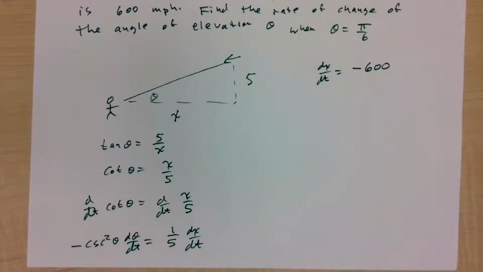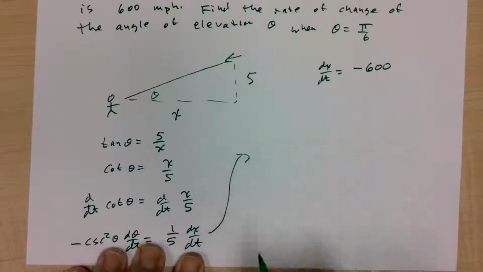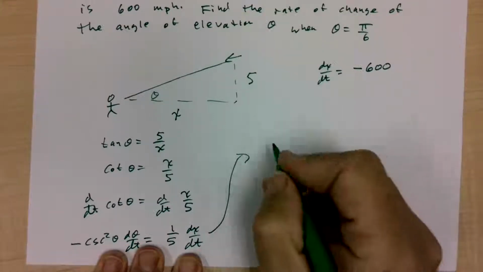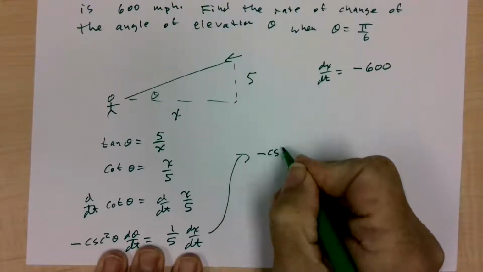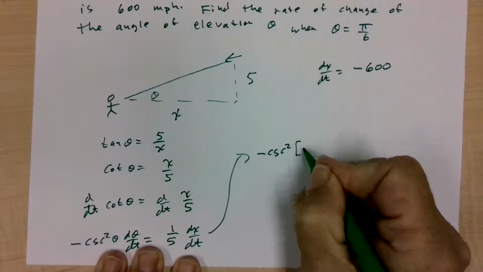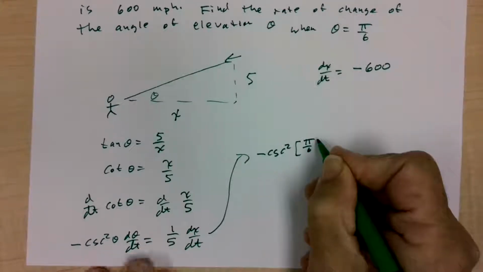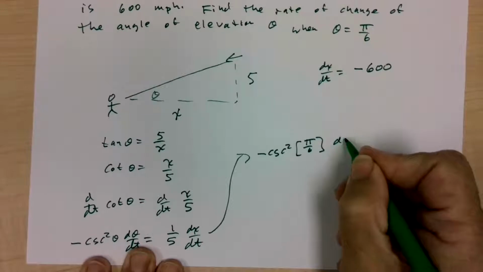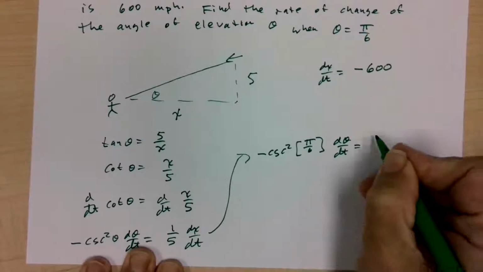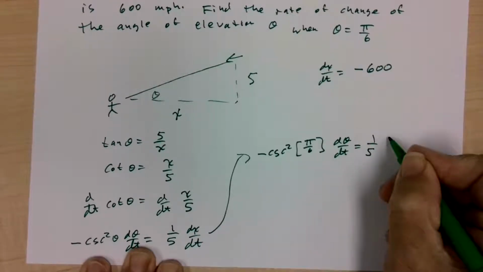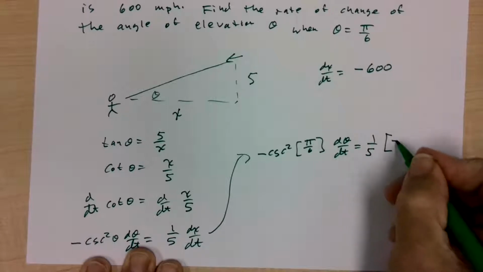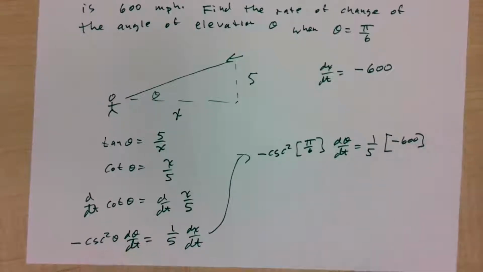Our goal is to solve for d theta/dt. Our theta here is pi over 6. So negative cosecant squared of pi over 6 times d theta/dt equals 1/5 dx/dt, which is 1/5 of negative 600, or negative 120.